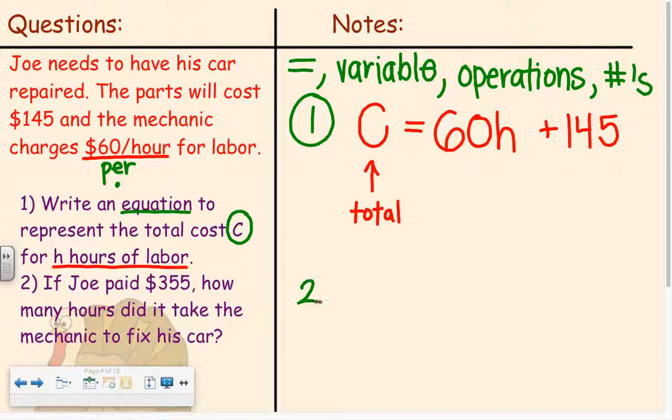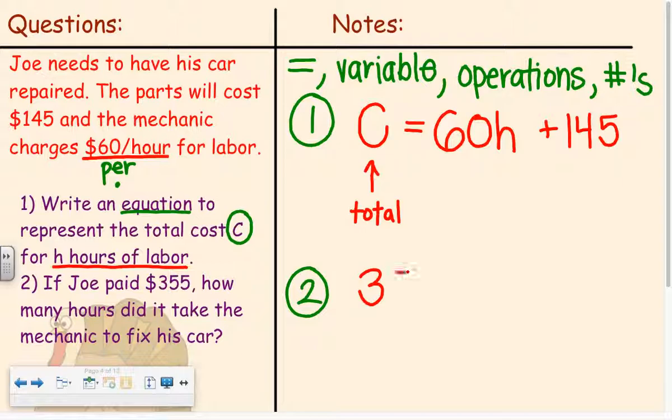So now let's go to number 2, where it says if Joe paid $355, how many hours did it take the mechanic to fix his car? So Joe pays $355. That is his total. So that needs to go in for C, because C is our total.